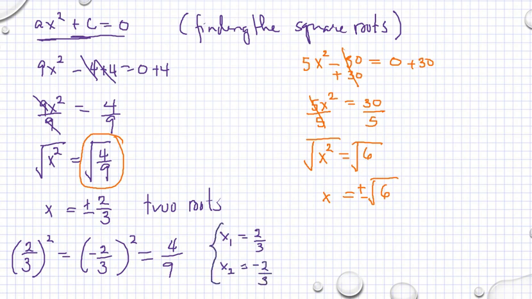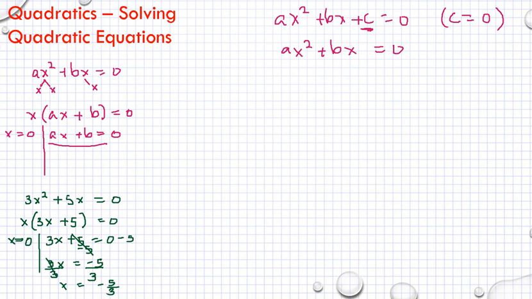We usually put them in a bracket, brace, I don't know. And the other one, we should have written square root of 6, and the second root is negative square root of 6.